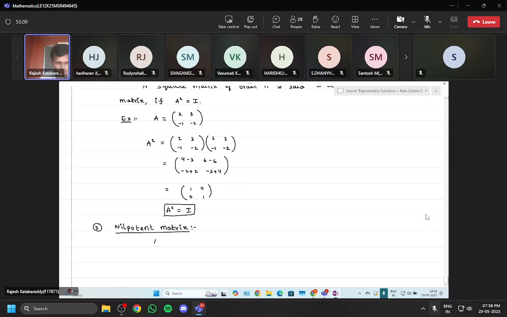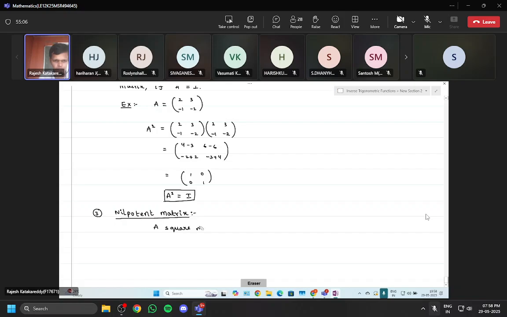Nilpotent matrix. Here O stands for null matrix.